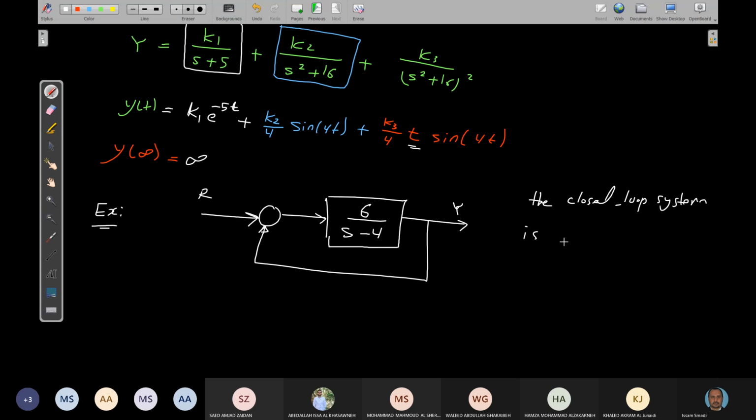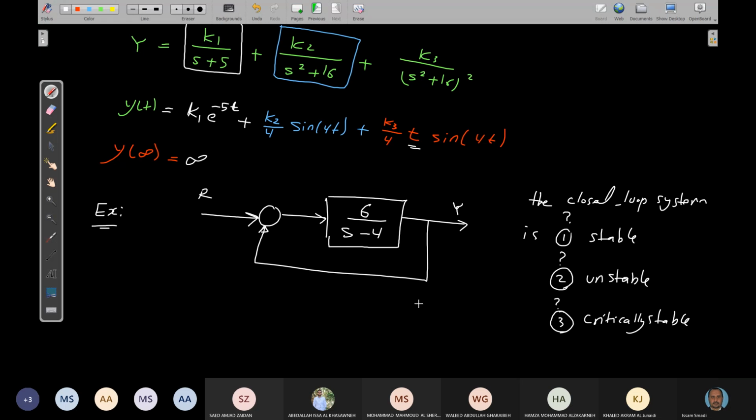Is it stable, or unstable, or marginally stable, or critically stable? Answer this.